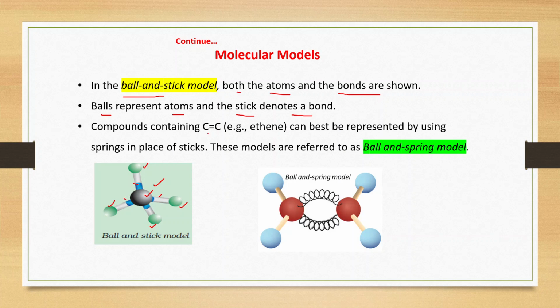Compounds containing a carbon-carbon double bond, for example ethene, can best be represented by using springs in place of sticks. See this one. These models are referred to as ball and spring models. These springs represent the double bond.